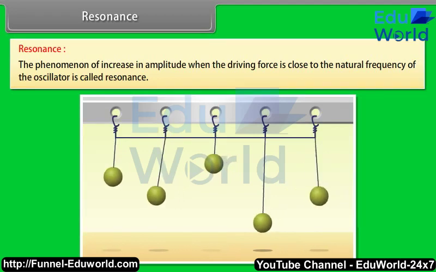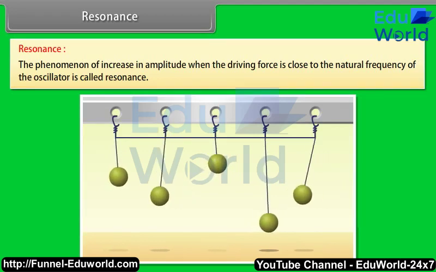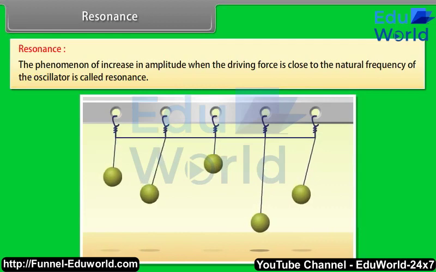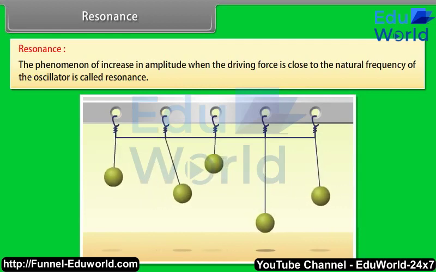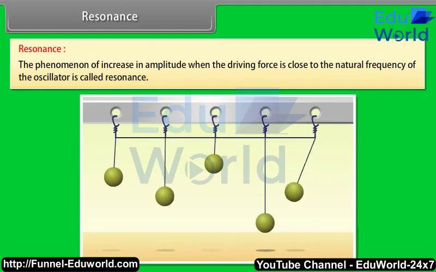The energy from this pendulum gets transferred to other pendulums through the connecting rope and they start oscillating. The driving force is provided through the connecting rope. The frequency of this force is the frequency with which pendulum 1 oscillates.